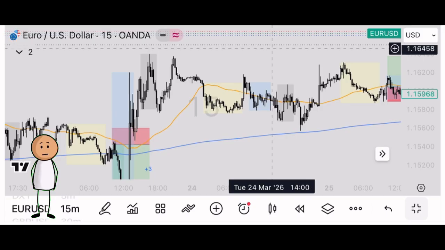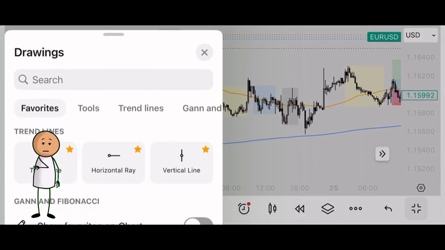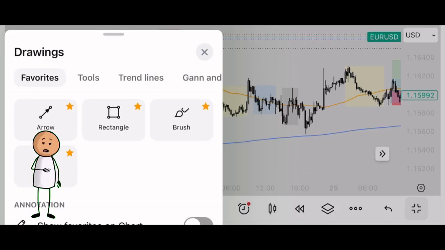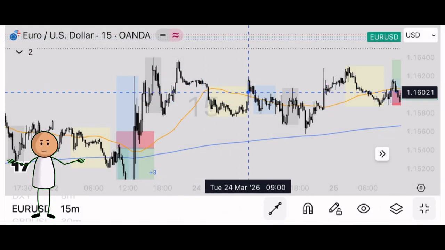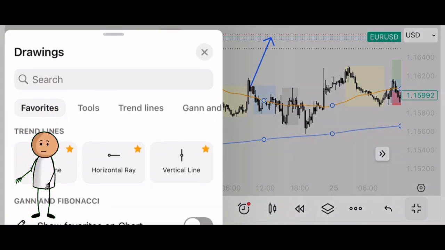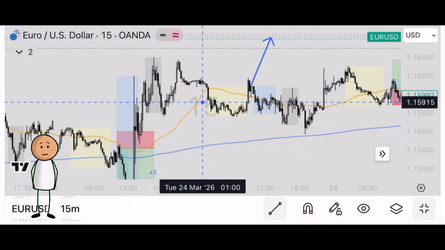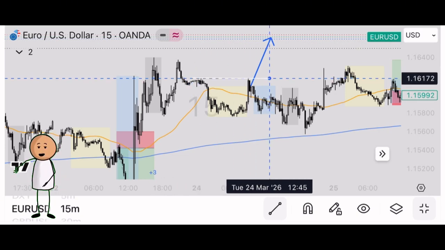But for us to take that buy, we needed to break some of the highs that were formed maybe during Asian session or the previous Tokyo session. So right here we need the market to push high and to break above these highs right here.